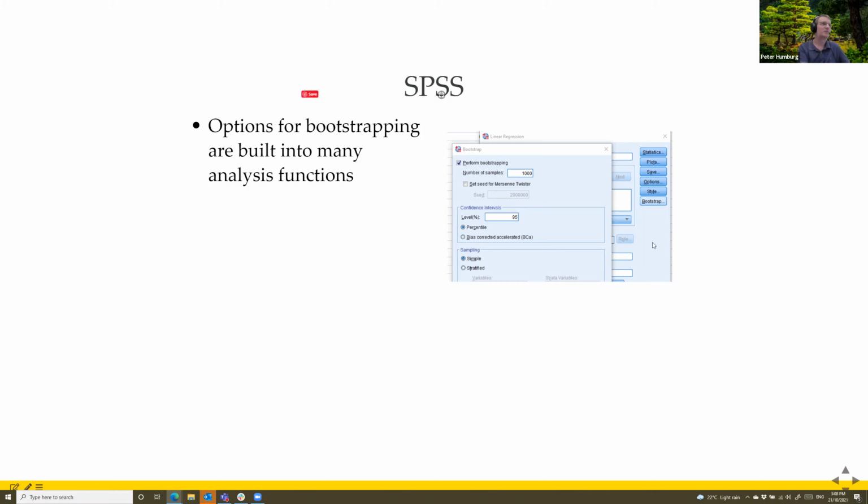Here I grabbed a screenshot of the linear regression, and you see there's this bootstrap button which then allows you to get your bootstrap confidence intervals. And you see that one of the options here is the bias corrected accelerated bootstrap that I mentioned at the end. And the other one is the percentile bootstrap, which is the one I initially talked about.